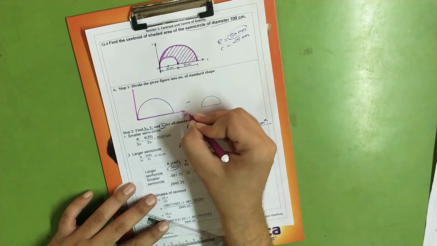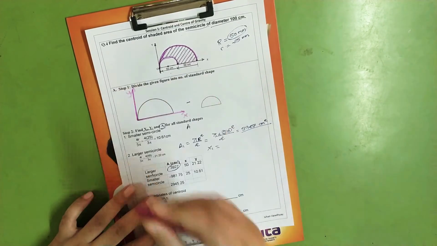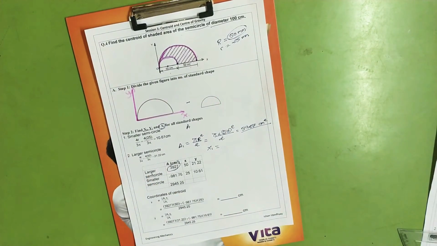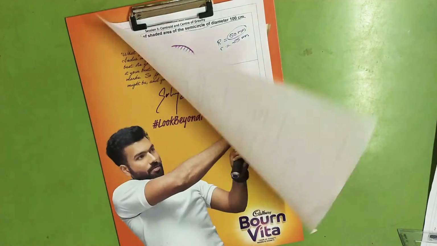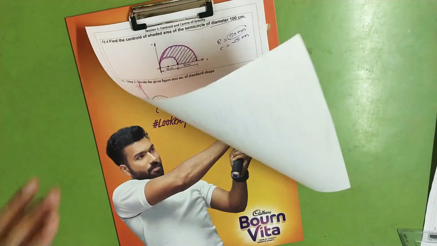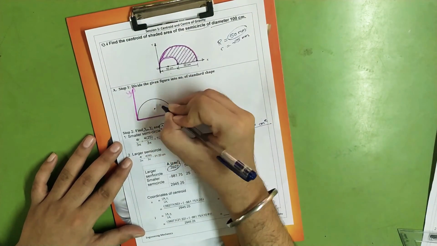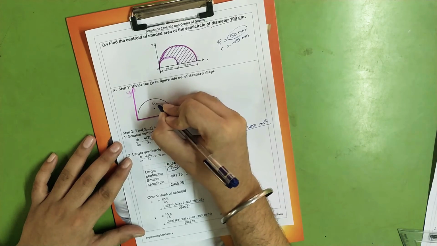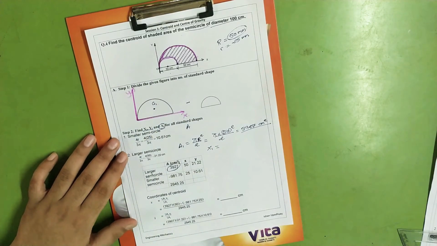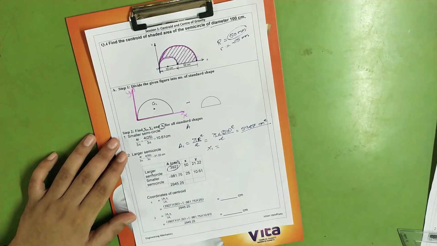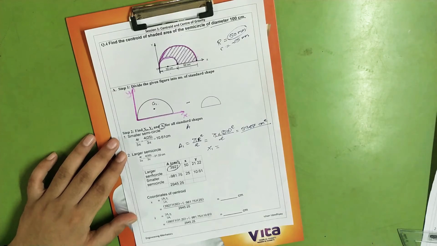So with respect to this x and y axis, now I have to locate its CG. Let us assume that this point, that is the geometric center, represents G1. The center point of the semicircle, the geometric center, we call it the centroid. So this is the centroid of the larger semicircle.